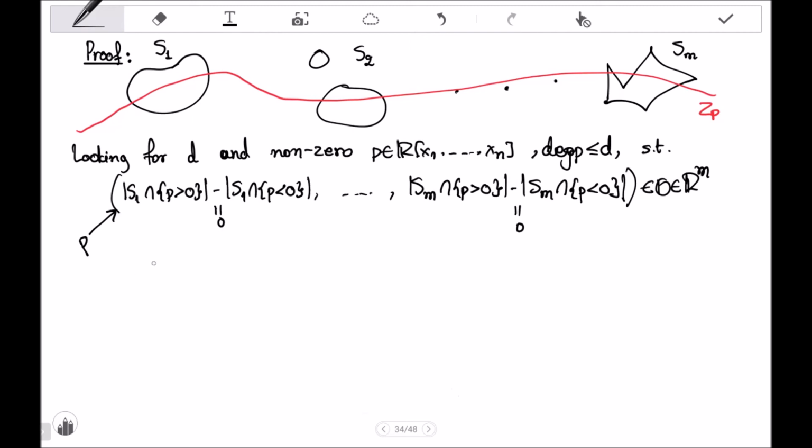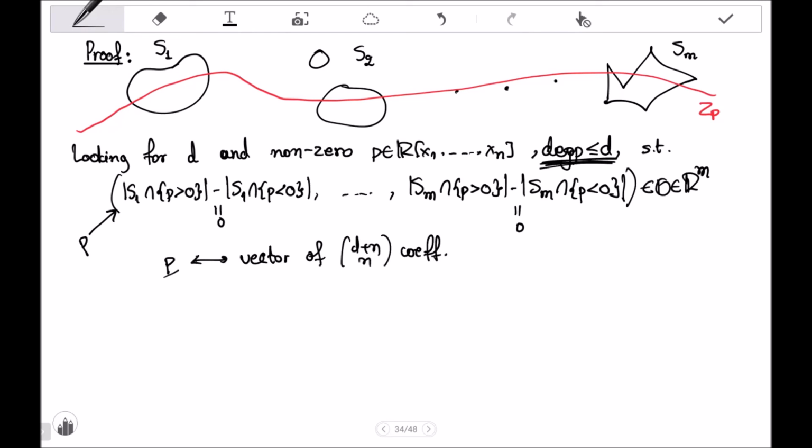So what do I mean by sphere of polynomials? The polynomial has a degree at most d, right? I will identify it with its vector of coefficients. How many coefficients are there? There are (d plus n choose n) coefficients.